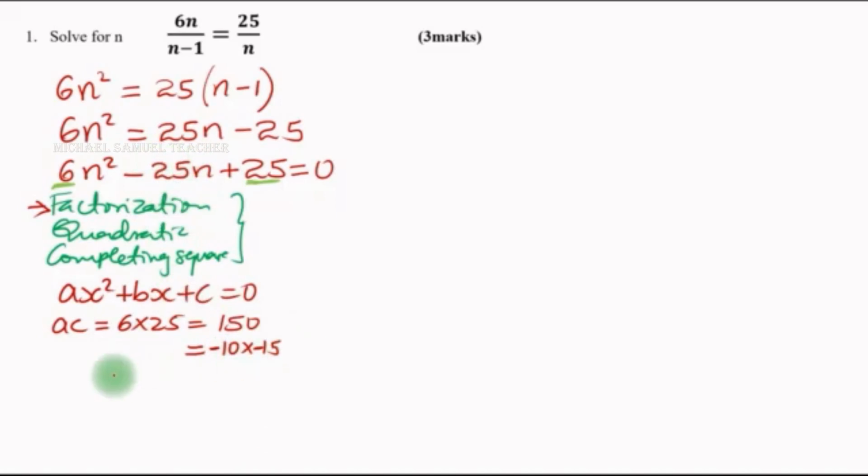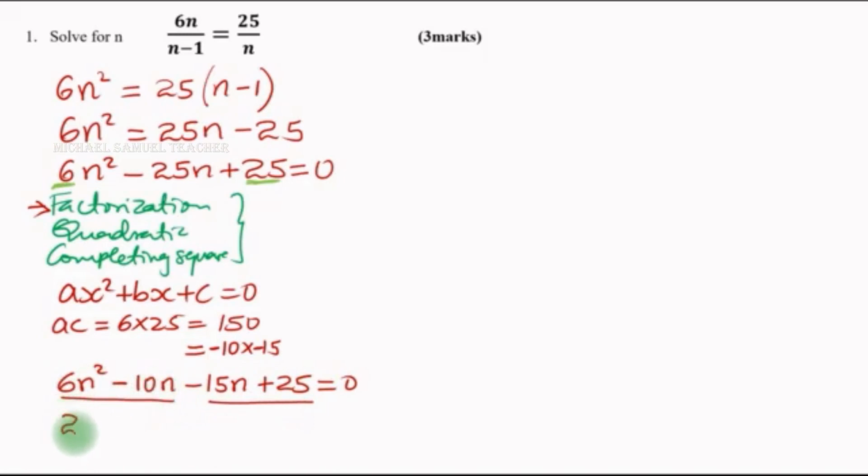We write it in the expanded form, that will be 6n squared minus 10n minus 15n plus 25 is equal to 0. So you can see the middle part we have expanded it. Now we take them in pairs and factor out what is common. In our case here, for 6 and 10, 2 is common, and n squared and n, n is common.